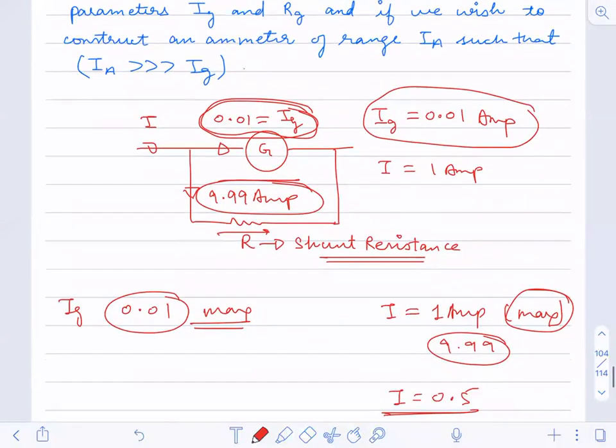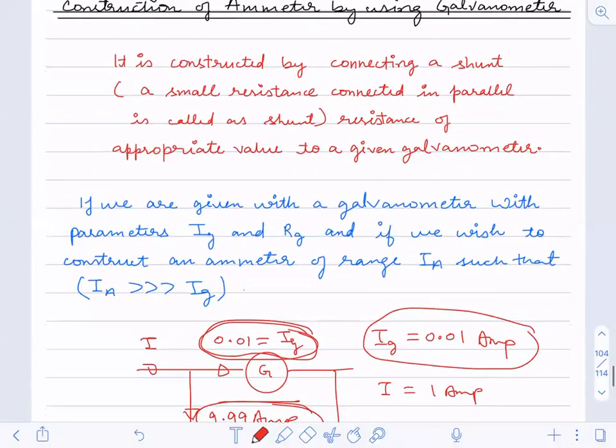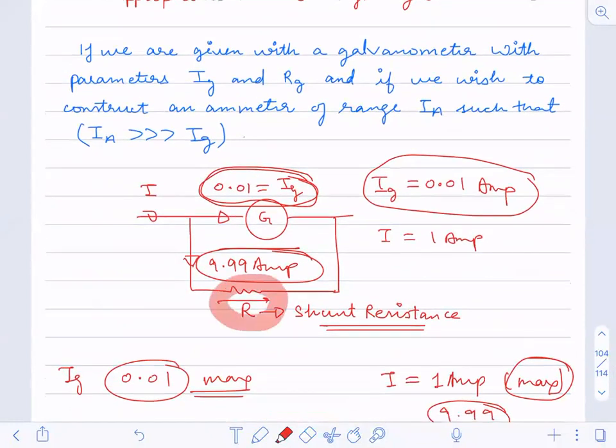Now it is constructed by connecting a shunt. The shunt is a small resistance. Why do we need a small resistance? If you have a big resistance, the current will not pass through it.